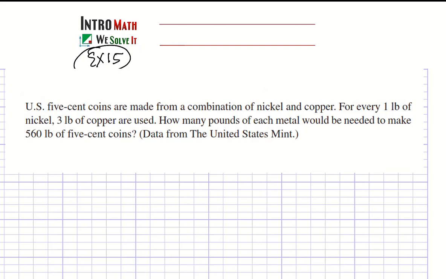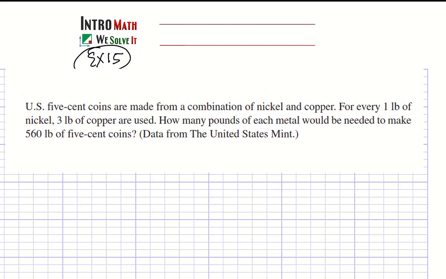It says that US 5-cent coins are made from a combination of nickel and copper. For every 1 pound of nickel, there are 3 pounds of copper used. How many pounds of each metal could be needed to make 50 pounds of 5-cent coins?